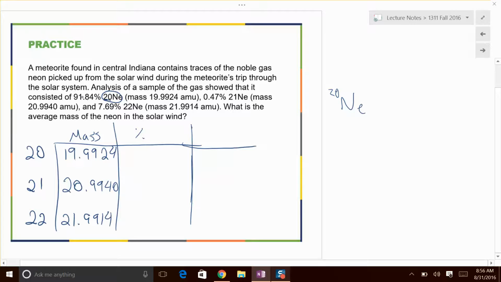Okay, and neon 20 has a percent abundance of 91.84, so 0.9184. 21 is 0.47, so 0.0047. And 22 is 7.69.